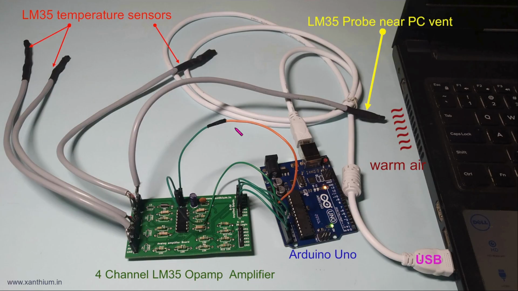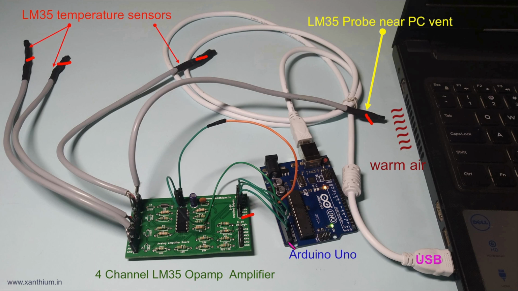This shows our hardware setup. We have 4 LM35 temperature sensors, which are these black colored sensors. Now these are 3-terminal LM35 temperature sensors that are enclosed in a heat shrink wrapping and is connected to the amplifier board. This is the amplifier board, which has 4 input channels. So the low voltage coming from the temperature sensor is amplified and is then sent to, you can get the output here.